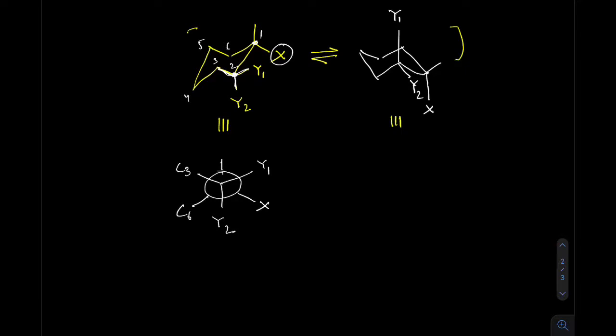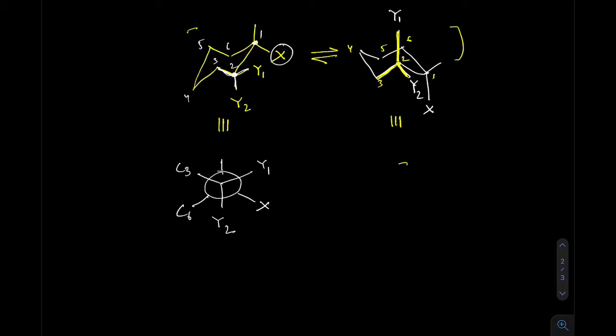In this case, this is the front carbon, C1, 2, 3, 4, 5, 6, and this is the front view.